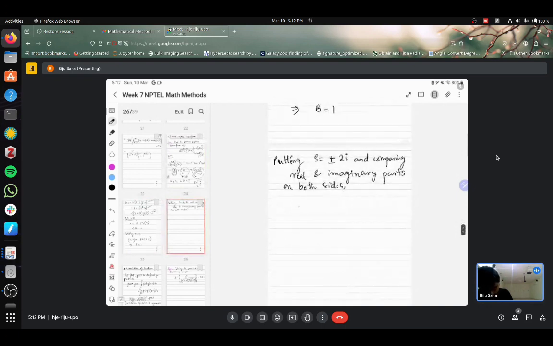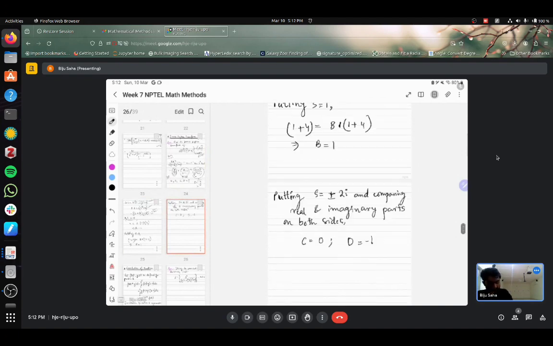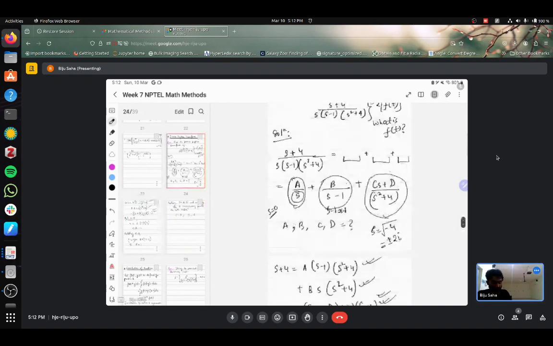So basically your c comes out to be 0 and your d comes out to be minus 1. So with that you get the value of all this a, b, c, d.